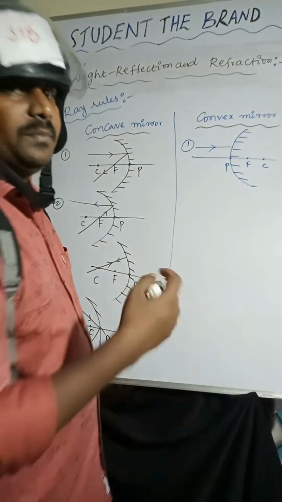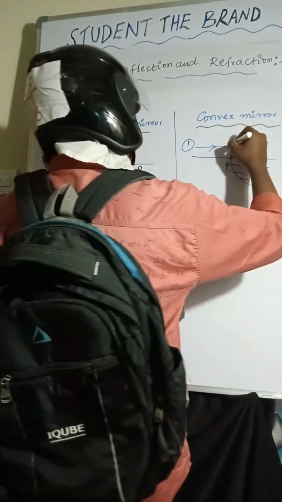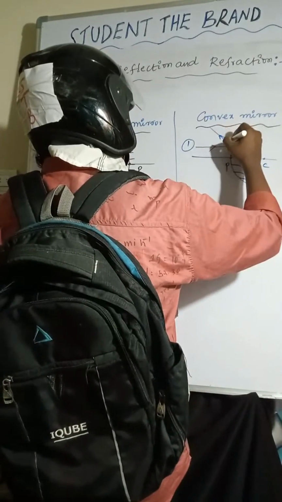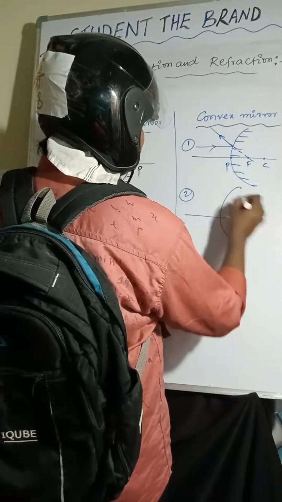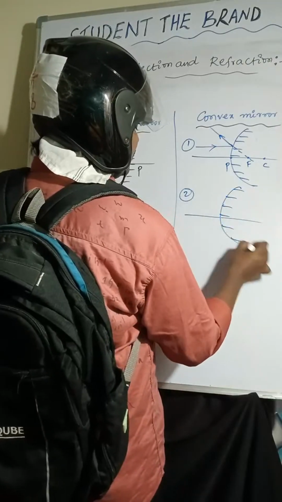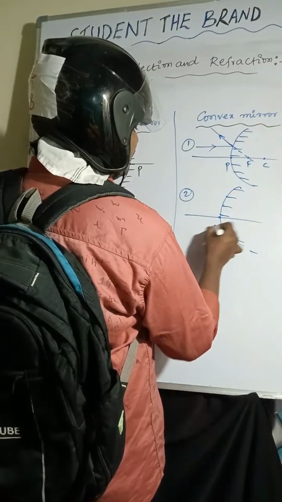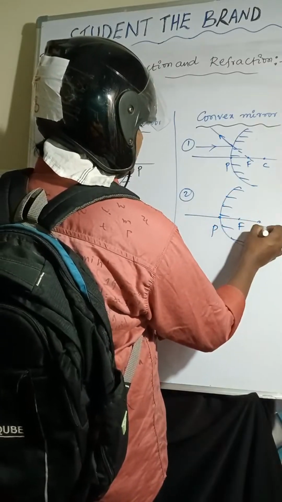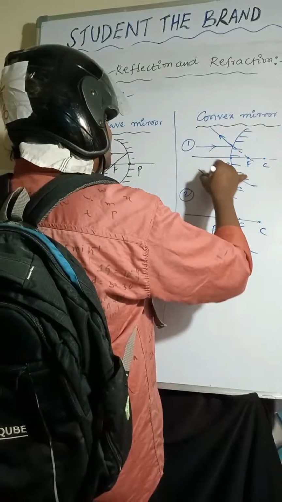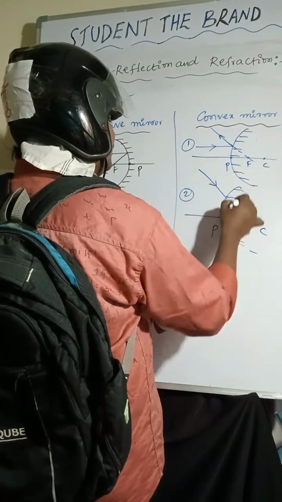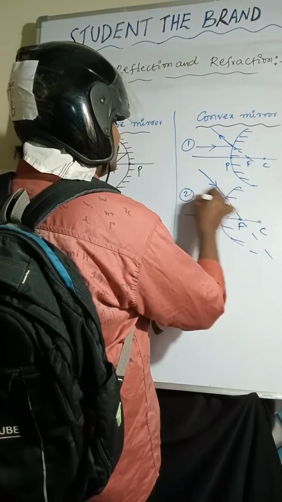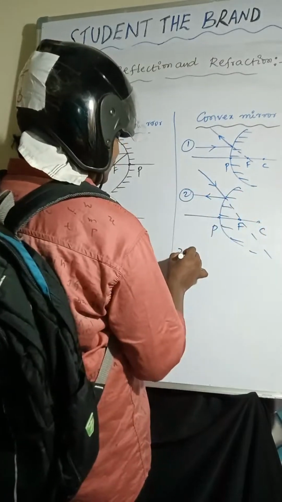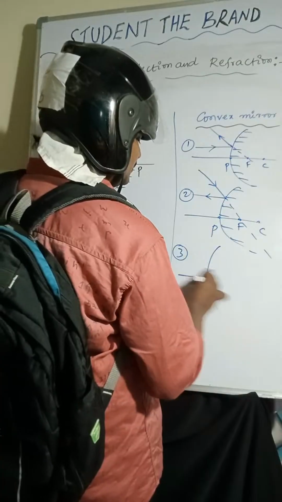After reflection it appears to pass through the focus. Second one. Pole, focus, center of curvature. The light ray is directed towards the focus. After reflection it moves towards infinity.